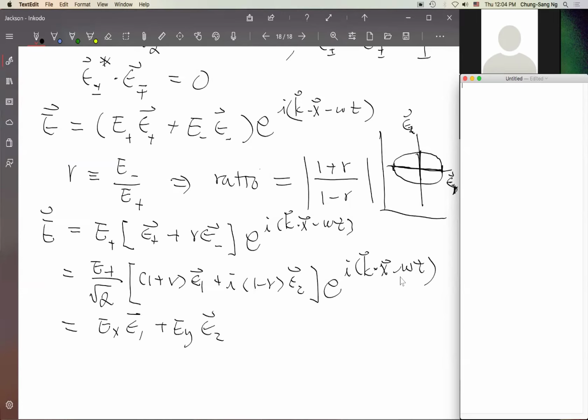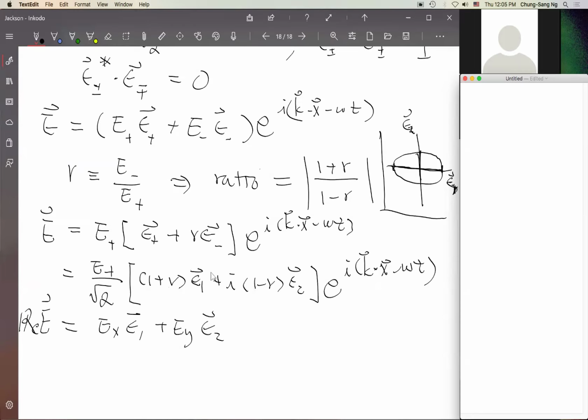Okay, and then I should say, to see the elliptic polarization, how it is formed like an ellipse, you can take the real part of E. So you define Ex and Ey that way. So obviously, we took the real part. So the first term is real.